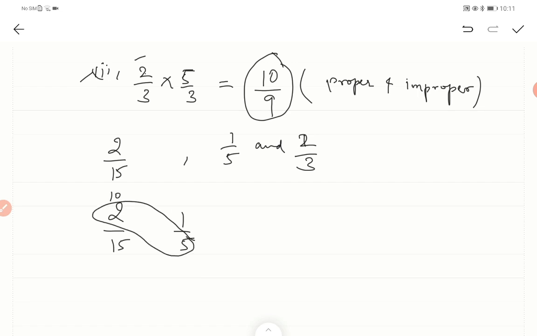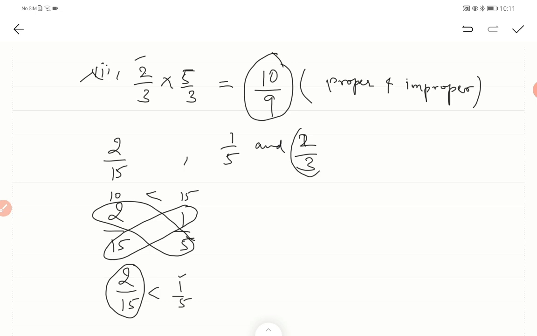This is 5 to 10 and this is 15. Your 10 is less than 15, that means 2 by 15 is less than 1 by 5. So the product we've got is less than this individual proper fraction.